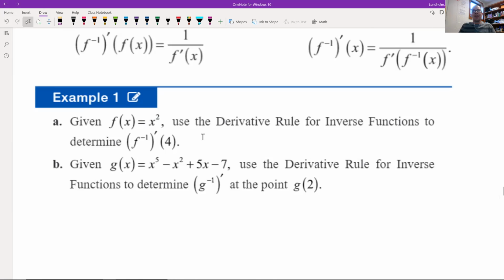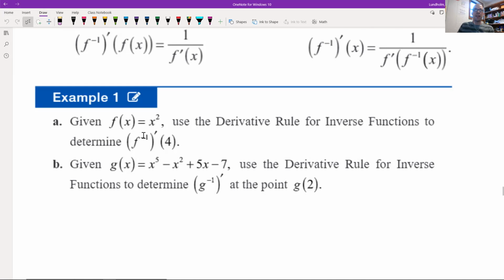But, for instance, on this one where we're given f(x) equals x squared, and we're meant to find f inverse prime of 4, we're in the situation where we're plugging in an x value.